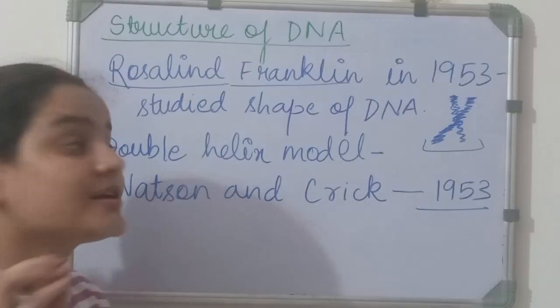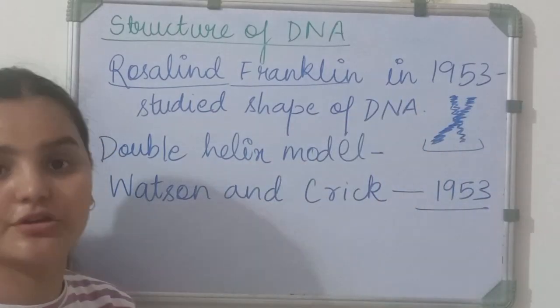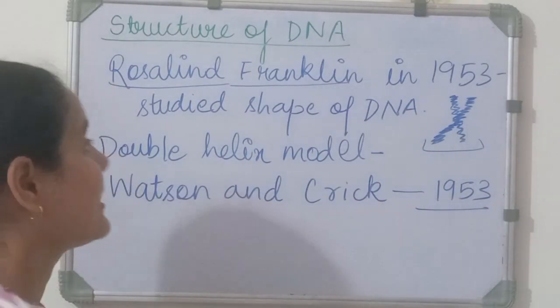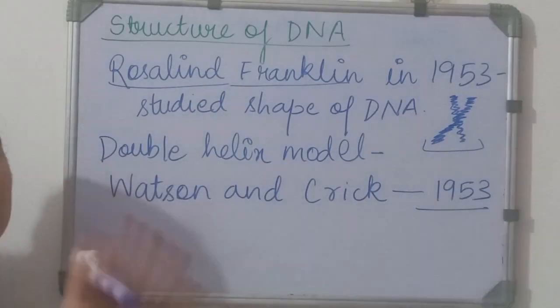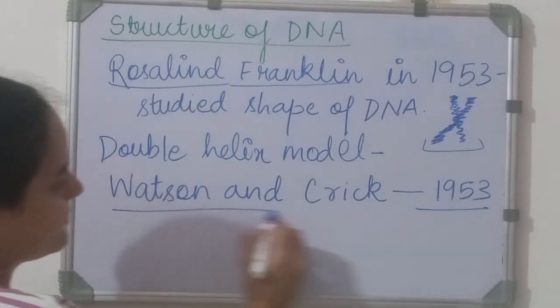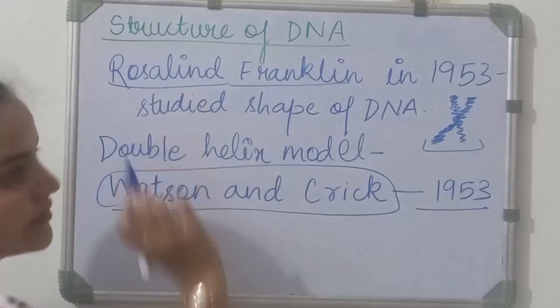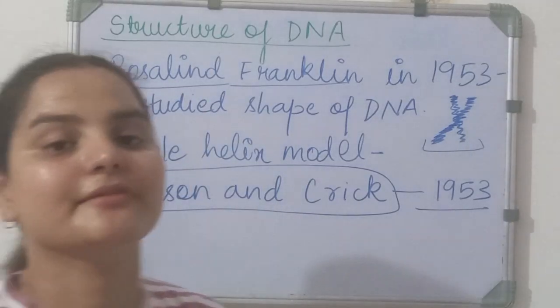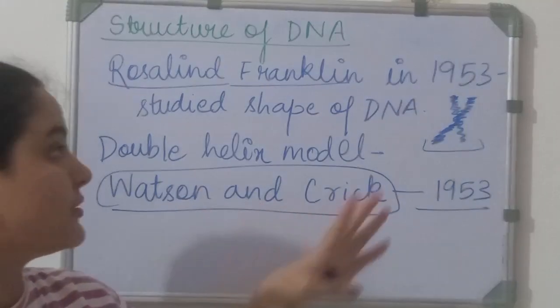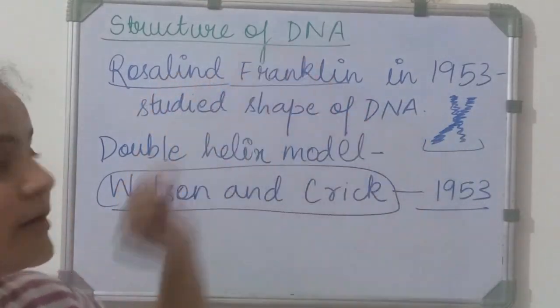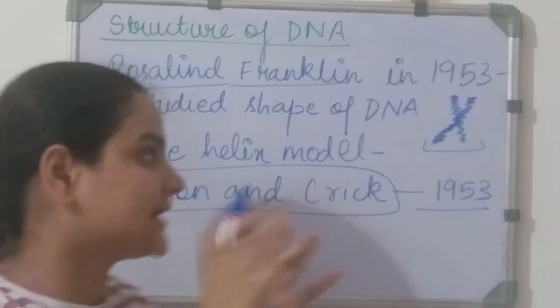She was the first one to observe the structure of DNA. But in 1958 she died and the Nobel Prize was given to them, not her, because a Nobel Prize is never given to a dead person. But the main contribution was hers, so in honor of her, I am telling this story.